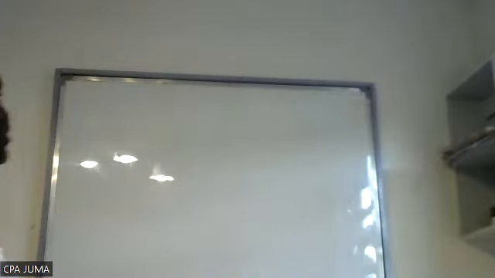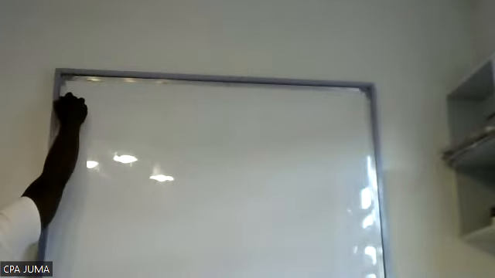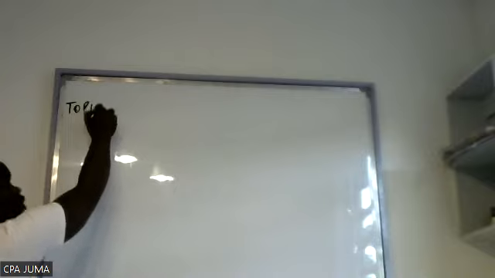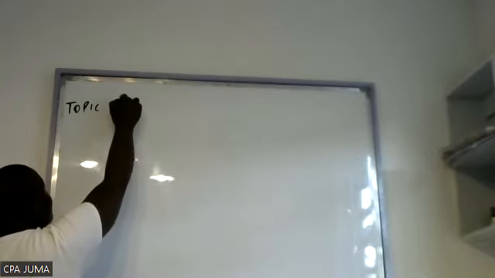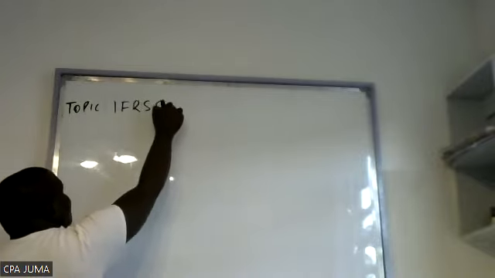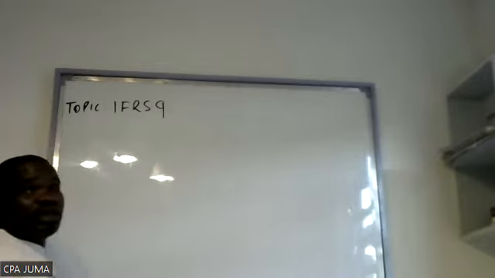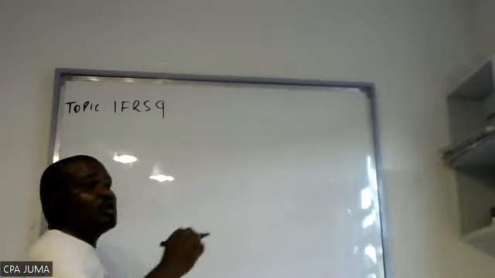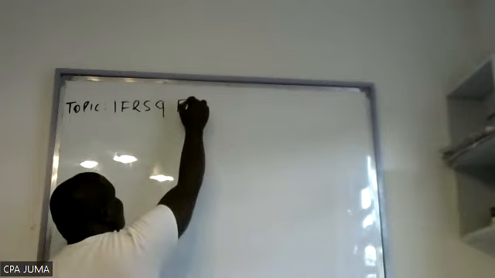So I want to take you through a topic. We are done with the segment. So this is our third topic, IFRS 9. This is a new topic. IFRS 9 is on financial instruments.